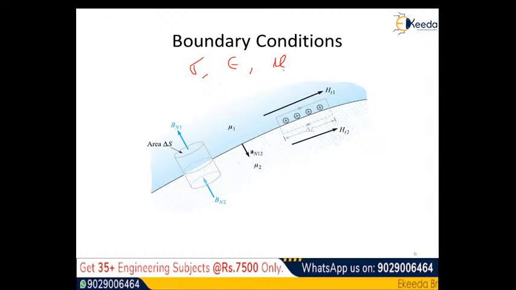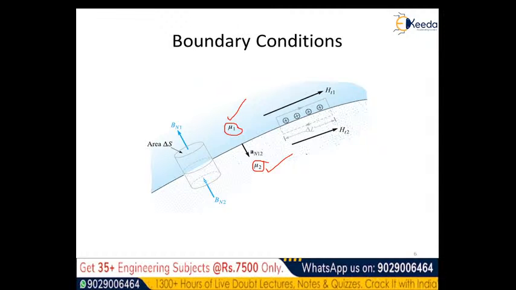Sigma is conductivity, epsilon is permittivity and mu is permeability. For the magnetic boundary conditions, the two material mediums are separated by different permeability: for region 1 it is mu 1, for region 2 it is mu 2, and the rest of the two parameters are the same.